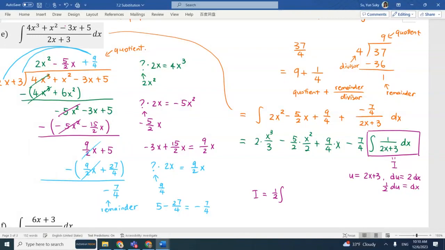So 1/2 here, and then du, we have 1 over u. And what is the integral of 1 over u? ln absolute value of u plus c. Now we can plug the x back in. What is u?